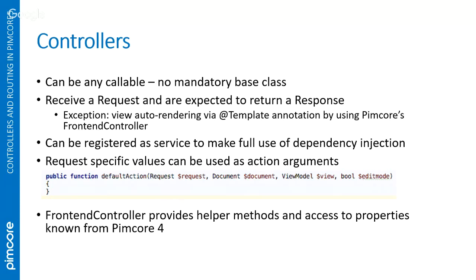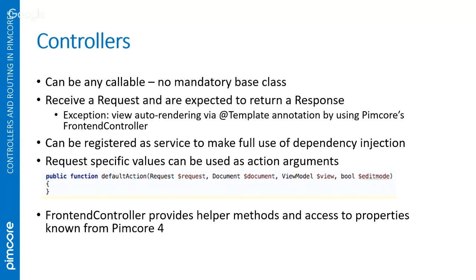Request specific values, so stuff which depends on the request, can be used as action arguments. For example, we have seen this on the request object, which you can use on any controller action, but we added some more parameters you can use. For example, you can always get the current document via the document parameter, or the view model, which is the view parameters. This also includes the document, or the edit mode.